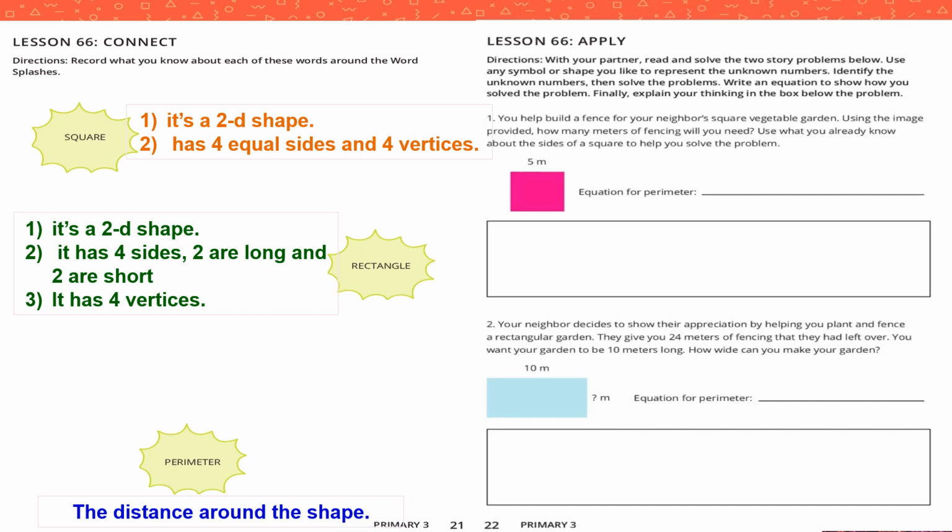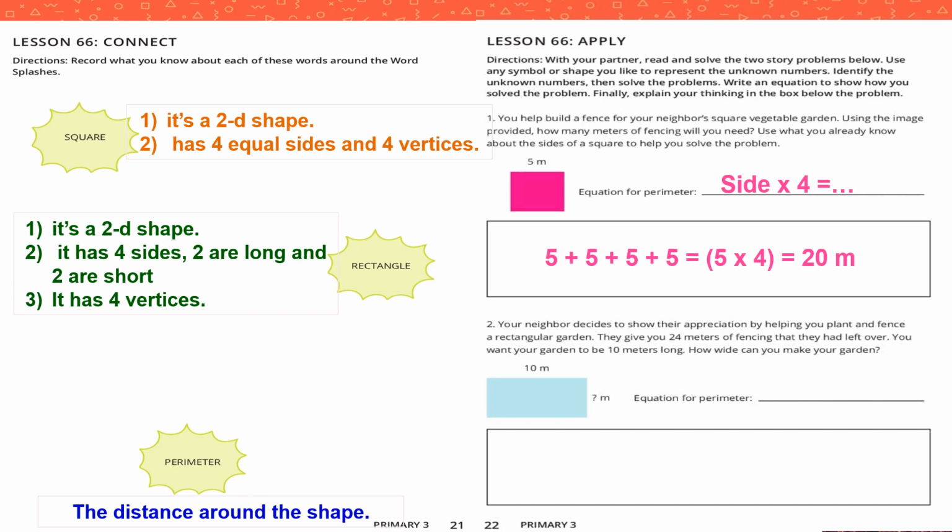It means side times 4. And the side here equals 5 meters. So 5 plus 5 plus 5 plus 5 equals 5 times 4 equals 20 meters.